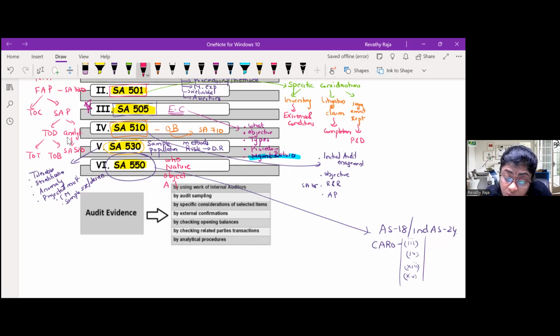For that, of course, the auditor has to perform audit procedures. So that's about chapter number 5, which is nothing but audit evidence, starting with SA 500 till 550.